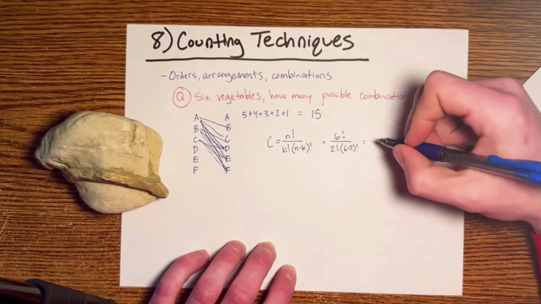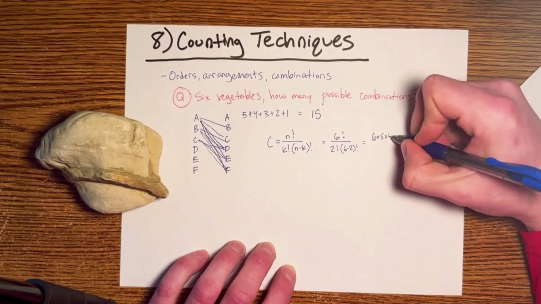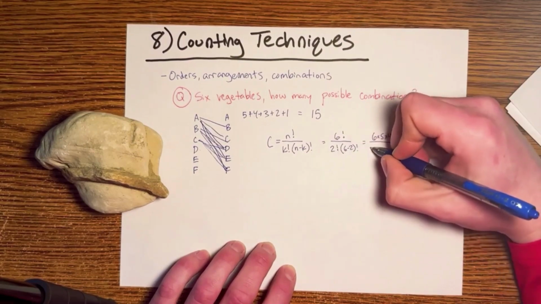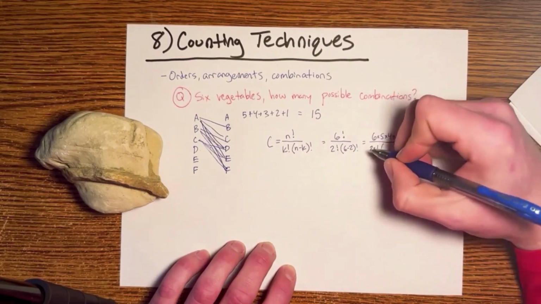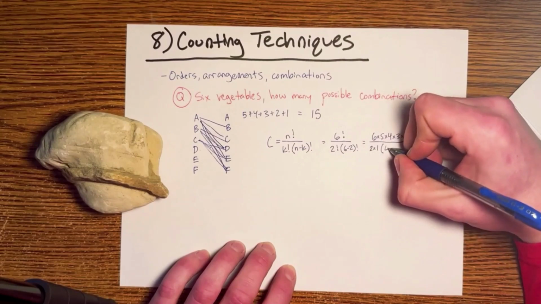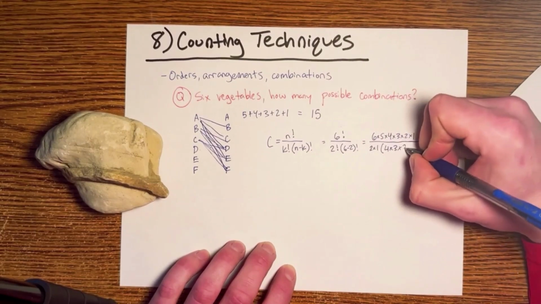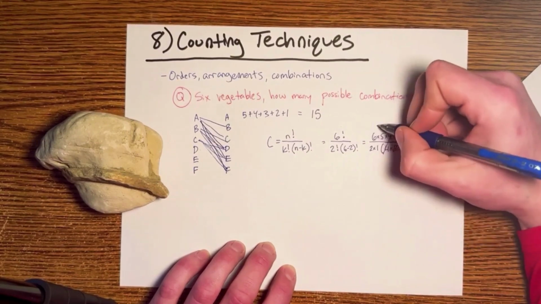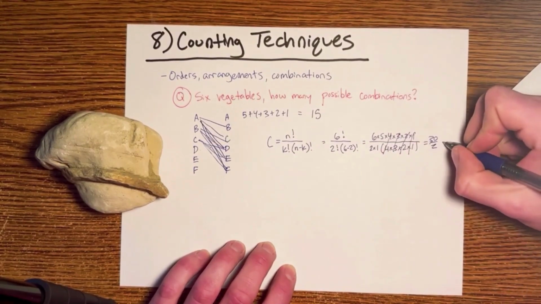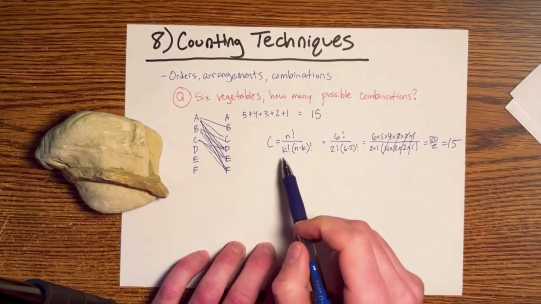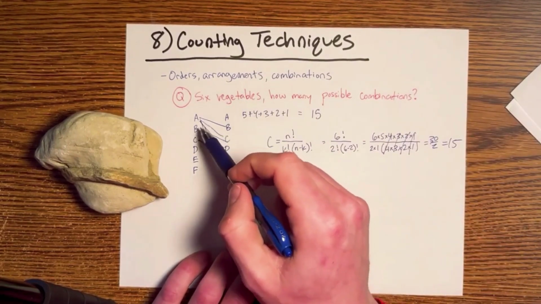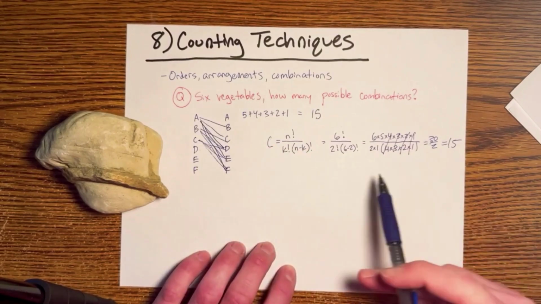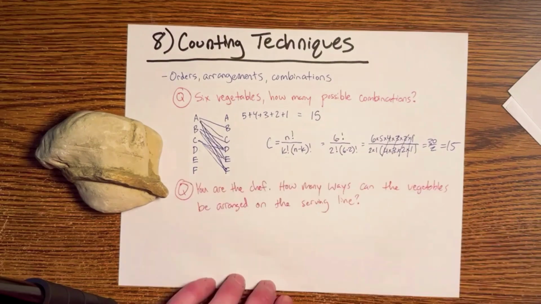And then each of these, so 6 factorial means 6 times 5 times 4 times 3 times 2 times 1, divided by 2 factorial would be 2 times 1. And then 4 factorial would be 4 times 3 times 2 times 1. We can cancel out all these. So we have 30 divided by 2, or 15. Now you won't be provided this formula, but basically run through a problem like this visually is going to be probably the fastest way without getting into the nitty-gritty.